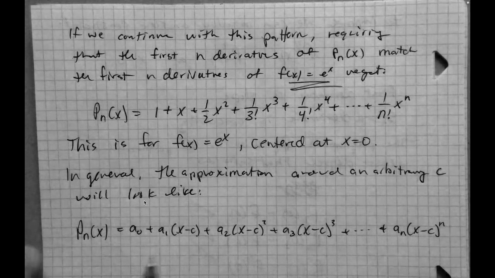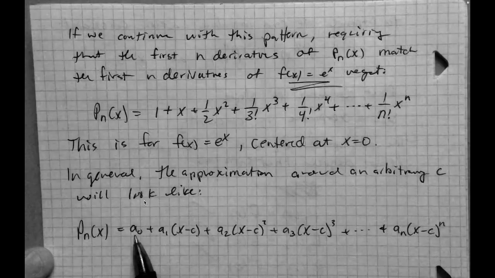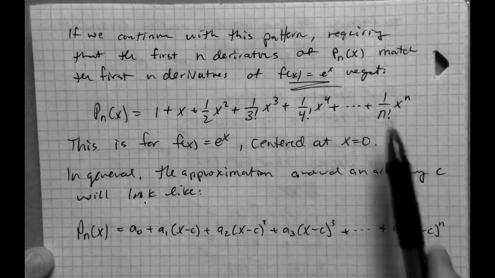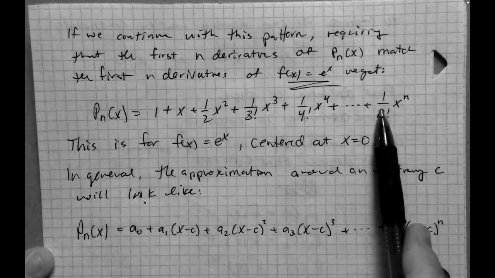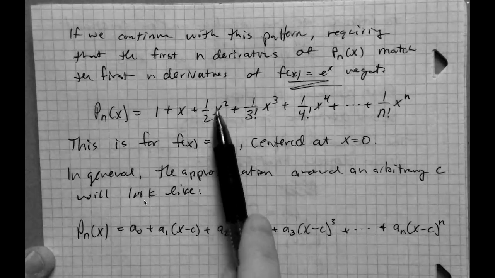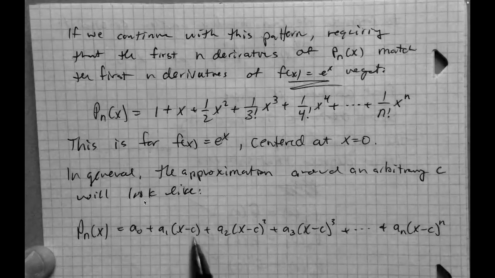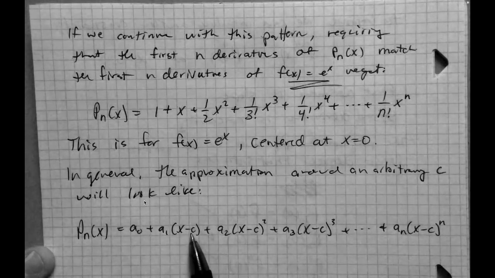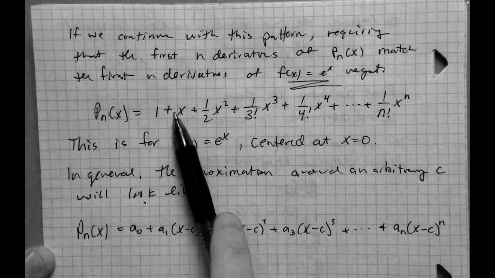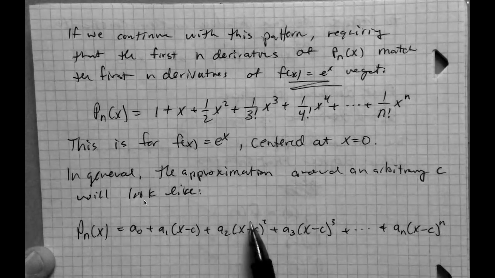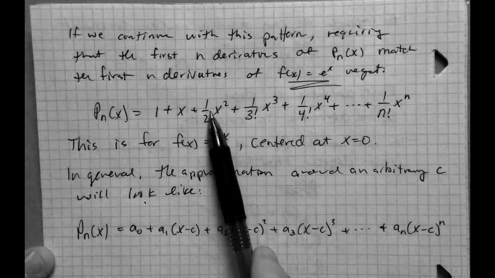So in our case here, a0, a1, a2, a3 had the form of 1 over n factorial, right? And we can see that I just have x to the first, x squared, x cubed, right? Because c is 0, right? If I had x minus 0, I would have the same thing as this, x. If I had x minus 0 squared, it'd be the same as x squared, right?